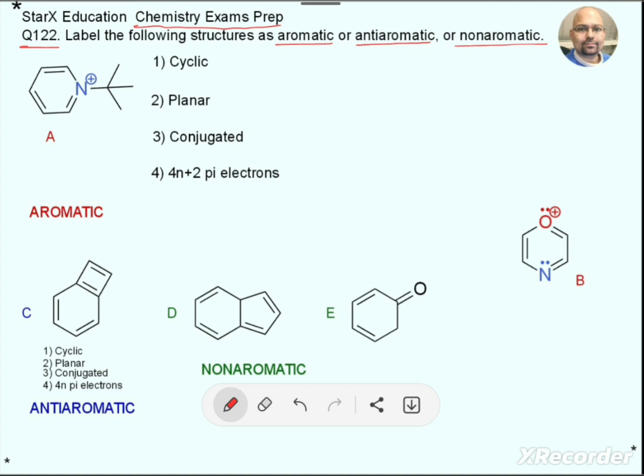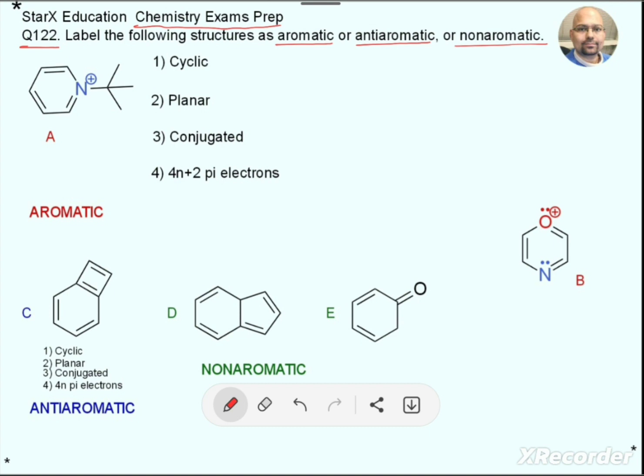Whether the species is positively charged, negatively charged, or neutral, when the charge disperses over the molecule, it becomes more stable. That's the reason aromatic compounds are more stable, and the reason that benzene does not give addition reactions. Instead, it gives substitution reactions.